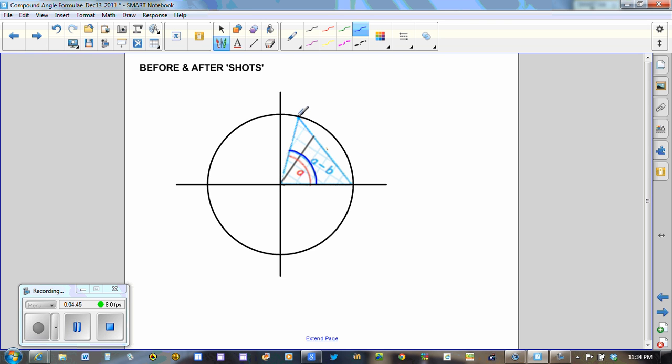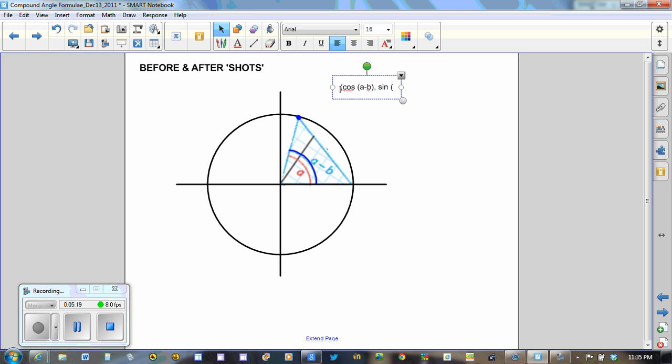So our task, of course, through this proof is to determine an identity for cos A minus B, which is the x-coordinate of this point I've now placed in blue, along with the y-coordinate.